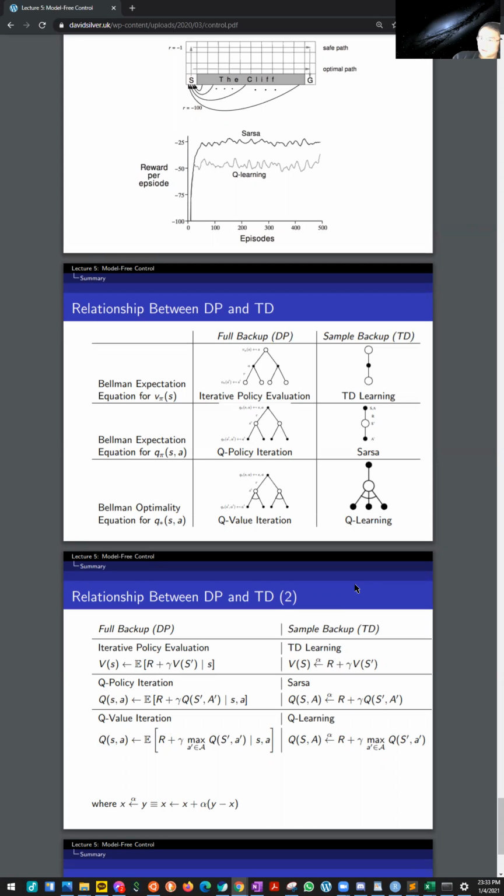So that's where the sampling comes in, which makes Q learning. We sample by our action instead of considering all the probable states, the multiple states that could possibly occur. We don't care about that. We just sample one state that is caused by our action.